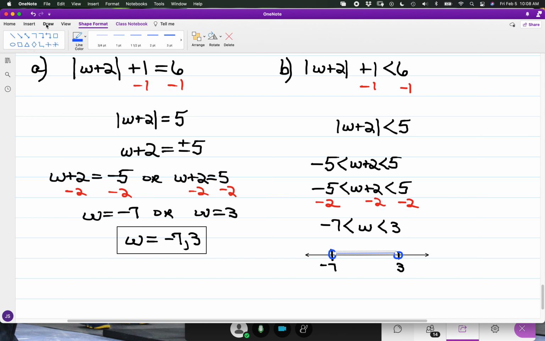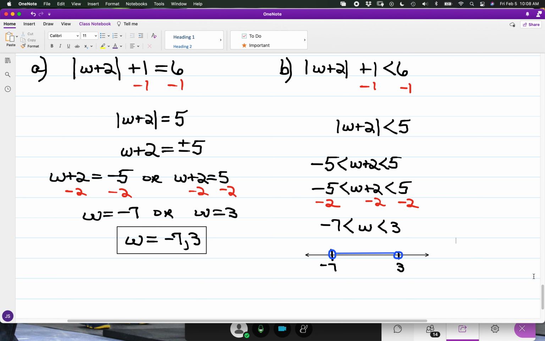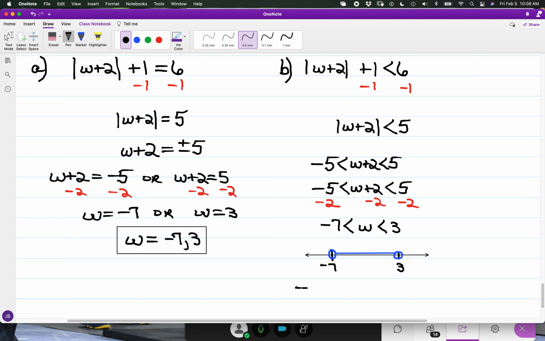And just in the case of the layout for the interval solution, again we have between negative 7 and 3, and because neither negative 7 nor 3 will be included, we have parentheses as the only grouping symbols in the notation.